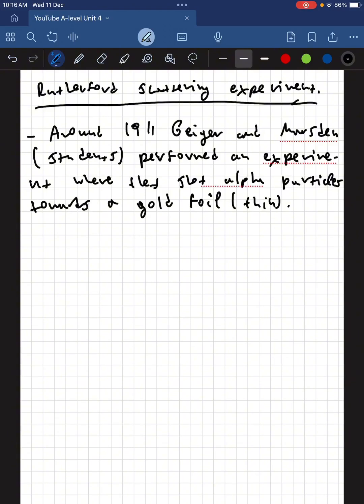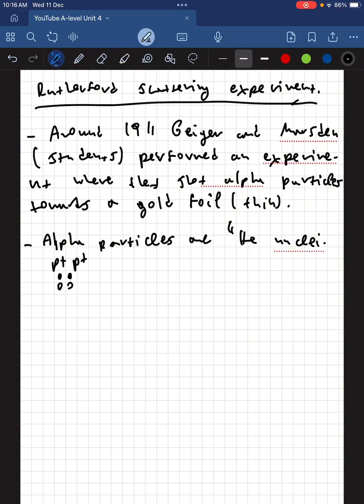So let's define what alpha particles are briefly. Alpha particles are helium-4 nuclei. Okay, so only the nucleus. So this thing, you have 2 protons and 2 neutrons. Okay, so this is an alpha particle. It's a decay product. We're gonna talk about nuclear decay in Unit 5.